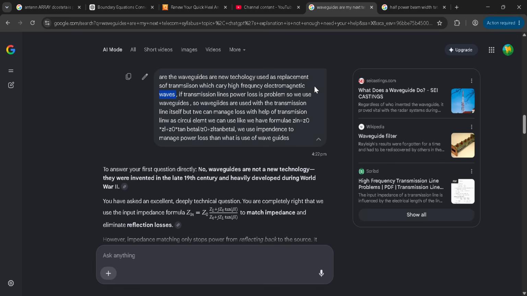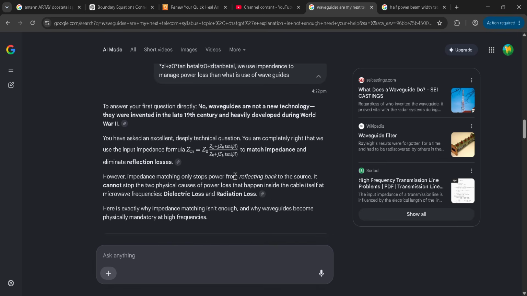This is for the input impedance of a line. No, this is not the impedance matching. We use impedance matching to manage power loss.